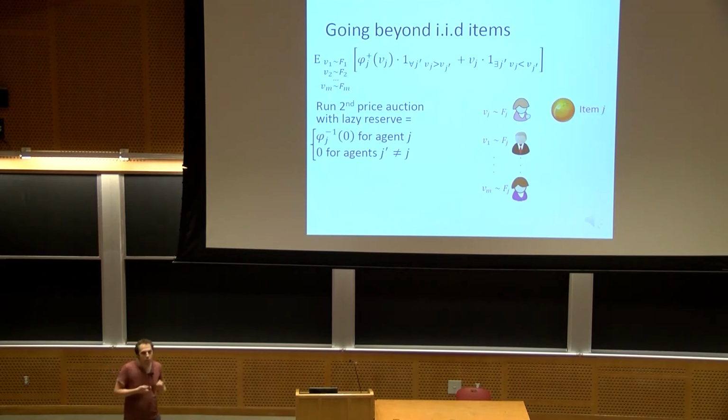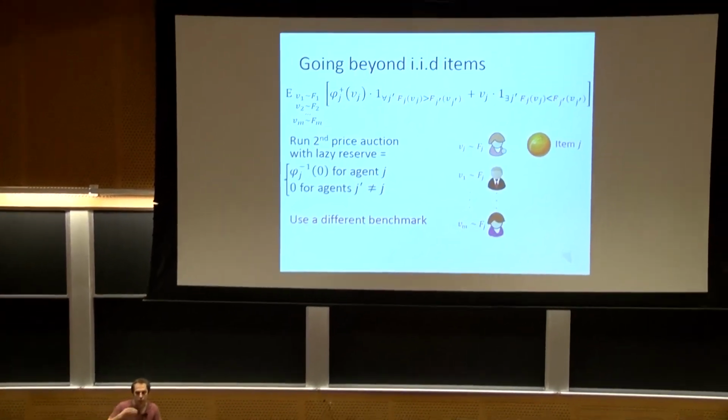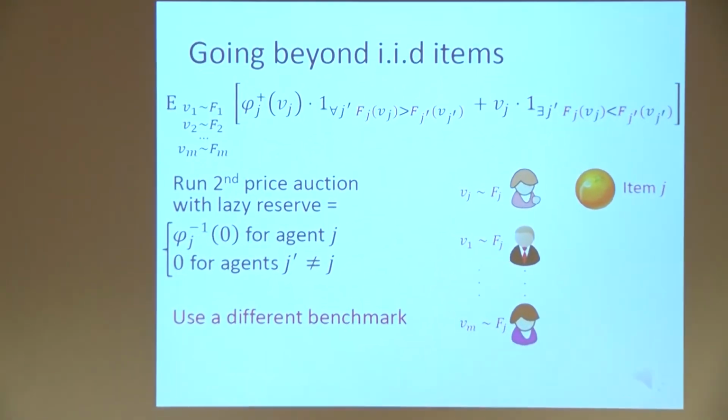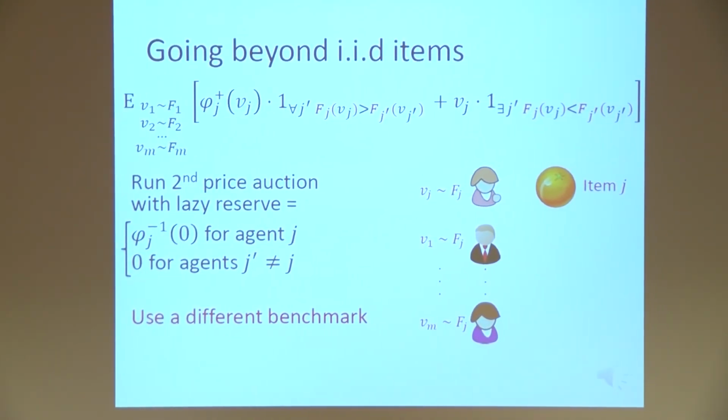Okay, so what's the problem of extending this to item distributions which are not identical? The problem is that we cannot couple the event that agent J wins with the event that item J has the highest value. This happens with different probability. And to fix that, we noticed that the duality framework of Tsai et al. actually gives us this benchmark as well, which means that we don't truncate the value of the highest item, but the item with the lowest quantile, which means the item that, if we sample from the distribution, is less likely to be above it than all other items.